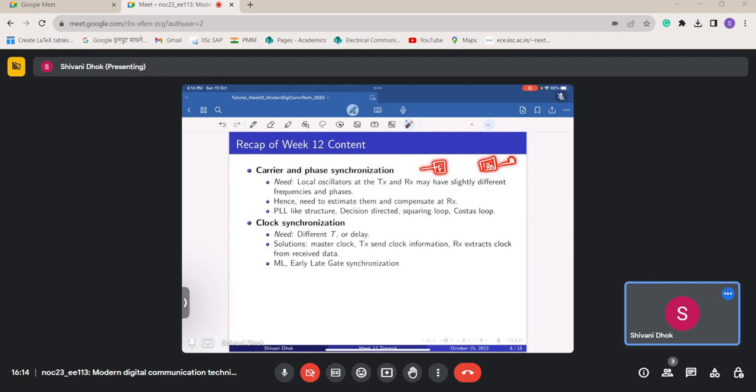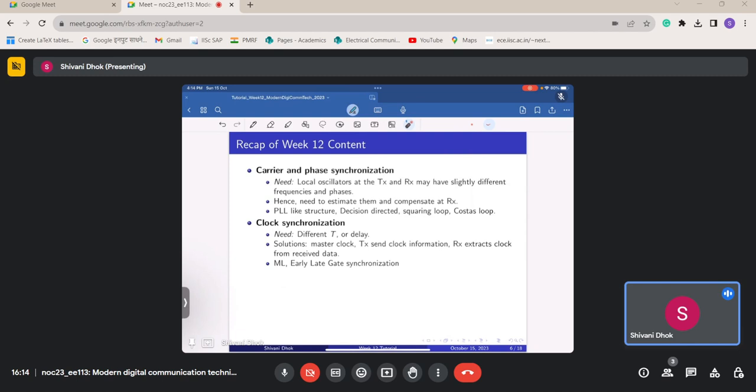You will multiply with your carrier. At the transmitter you will have your local oscillators, at the receiver you will have your local oscillators. And if we look at the receiver structure, we first of all demodulate or correlate with your basis functions, which are basically your carriers.